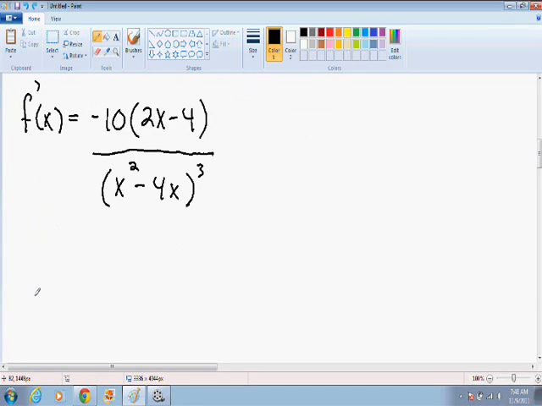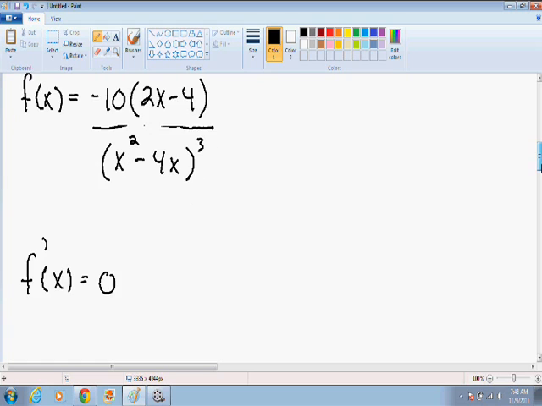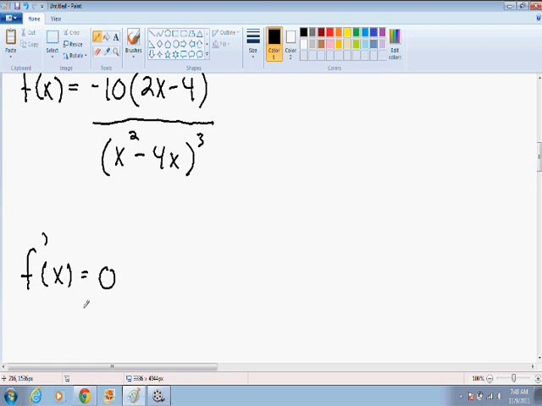So let's find our critical points. If you remember from the definition, we have critical points when the derivative is equal to 0. And this derivative is going to be equal to 0 when the numerator is equal to 0.